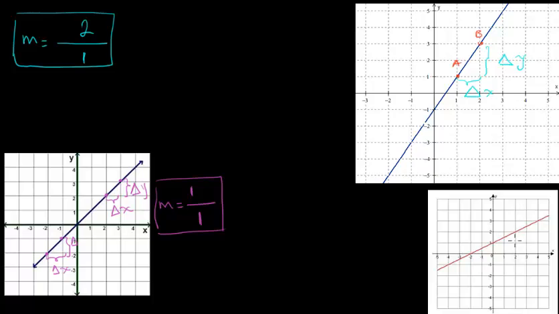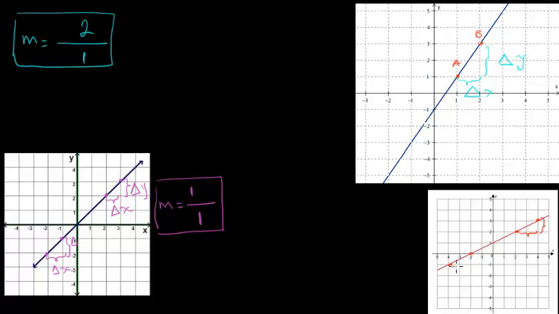So let's pick 2 points on this graph. Let's say we pick these 2 points and see how much change is happening in X and Y. As you can see in this line, X runs 2 units and Y rises 1 unit.